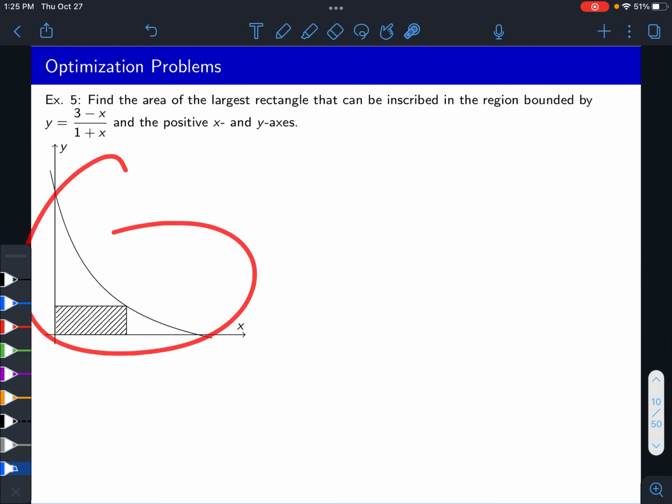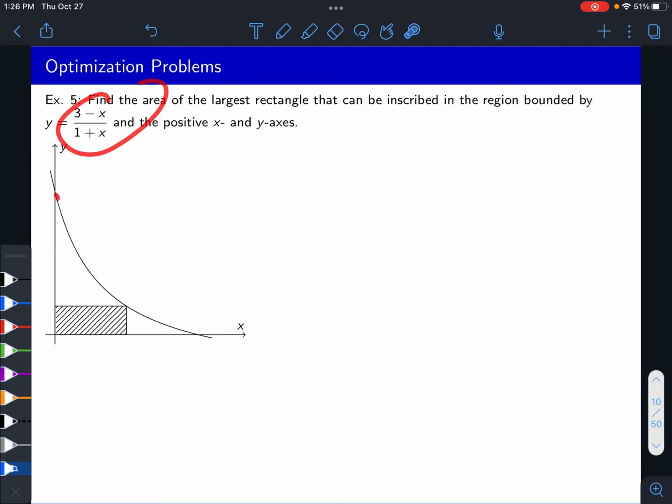So this is similar in spirit to what happens here. We have this curve right here, the curve given by this function. And we have this region bounded by the x and y axes.